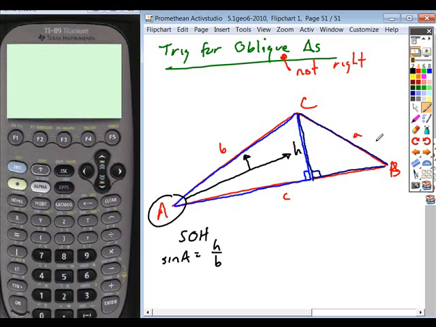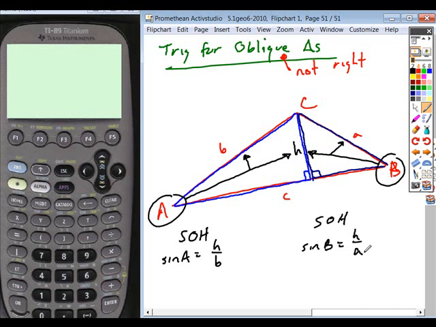Well, in the triangle on the right, we can set it up in a very similar fashion. We have an angle B. With respect to that angle, we have an opposite side labeled, and we have a hypotenuse labeled. So once again, opposite and hypotenuse refer to which trig ratio? Sine. So we know that the sine of B is equal to h over the hypotenuse a.